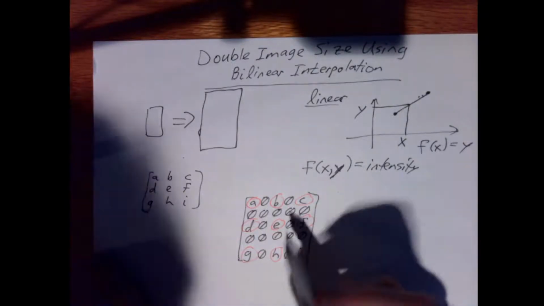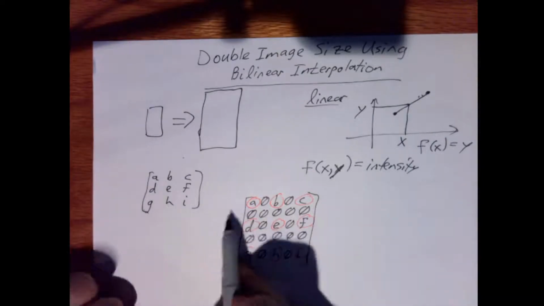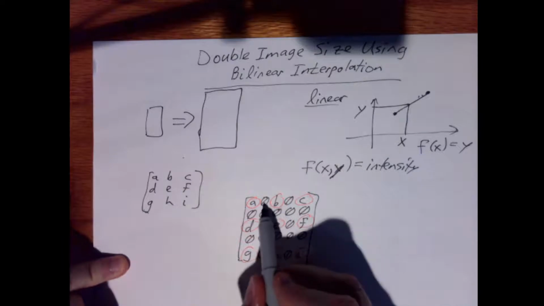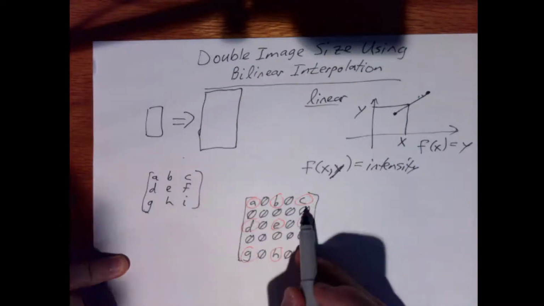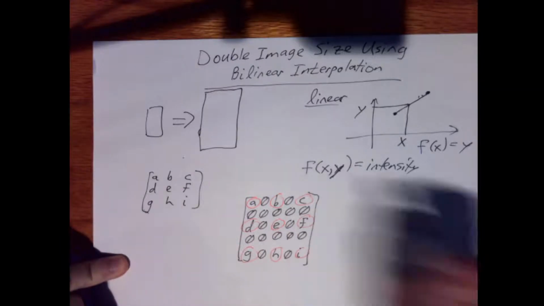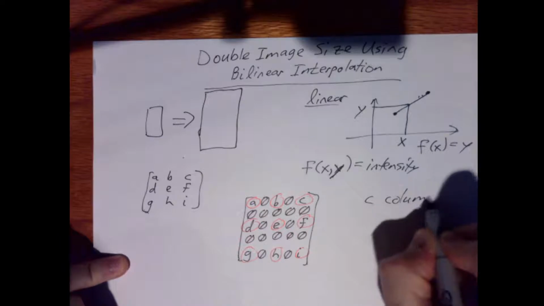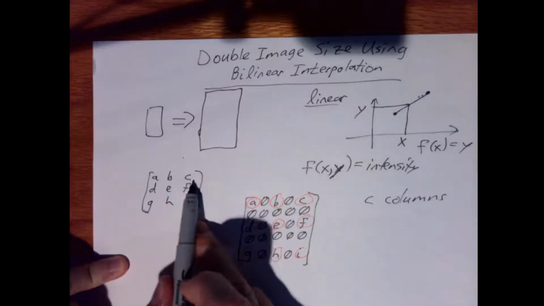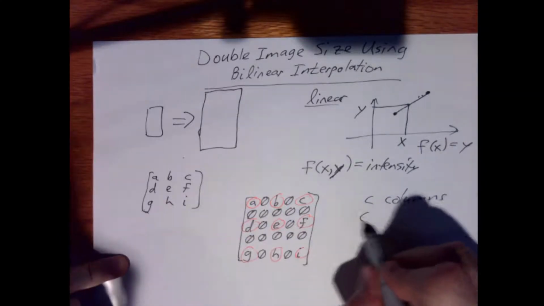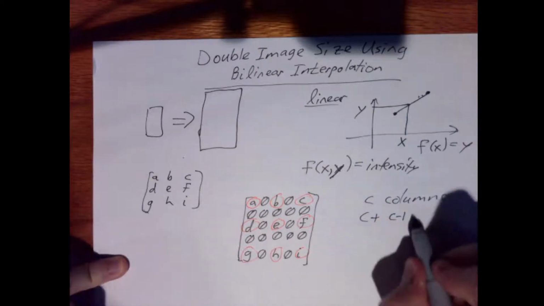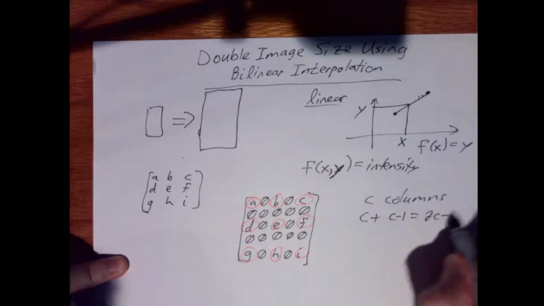So what are the dimensions of the new thing? Well, if I look here, I had 3 values, and I placed a 0 essentially between each value. So if I have C columns in the original image, this has C plus C minus 1 columns, which can be rewritten as 2C minus 1.